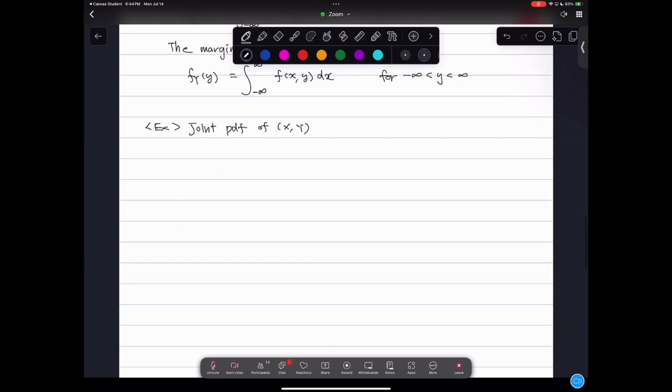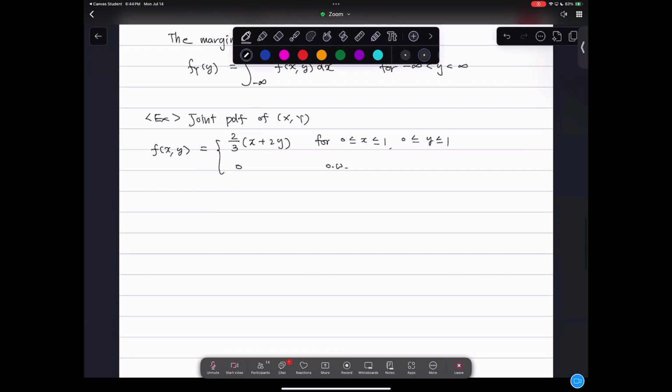It is given by the following: f of xy equals 2/3 times x plus 2y, for x values from 0 to 1 and the same for y values from 0 to 1, and 0 everywhere else. So this is my joint. I want my marginal, so let's get the marginal PDF of x.